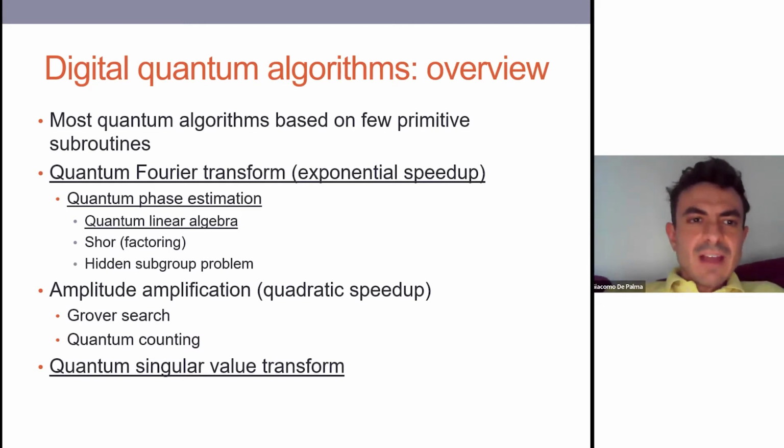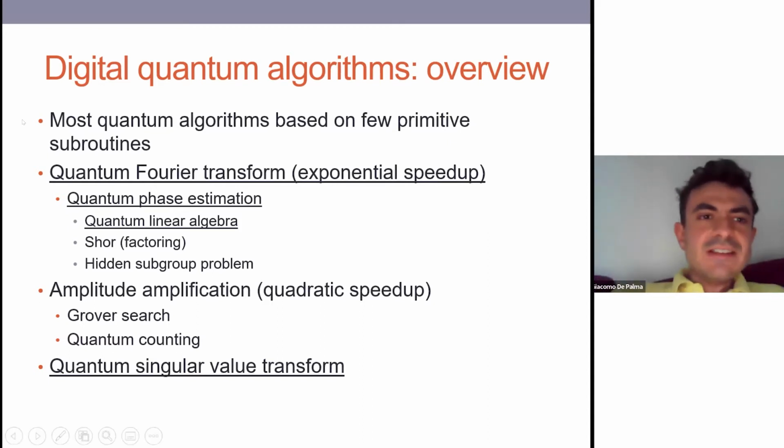And I have to say from the beginning that, for example, this framework leaves out variational algorithms, because we are not allowing so far for parametric gates. So I will not talk about variational algorithms in this lecture, and this will be covered in another lecture.